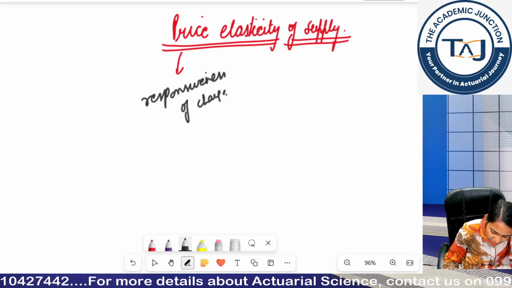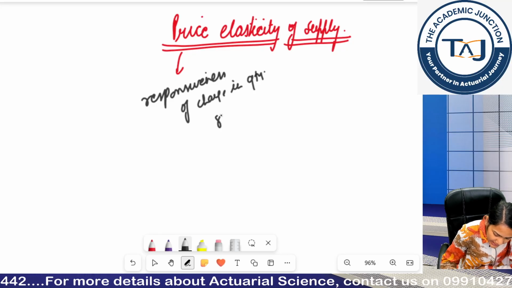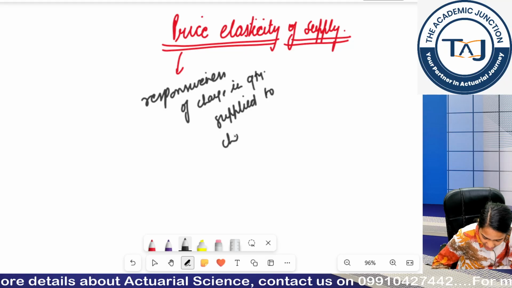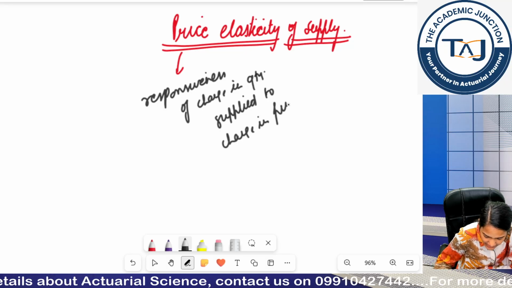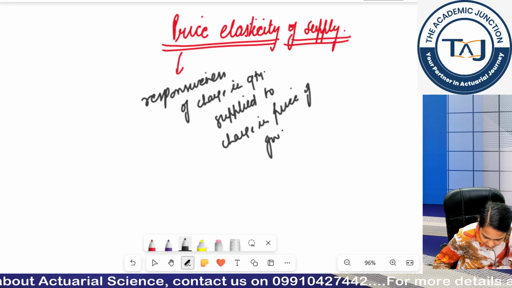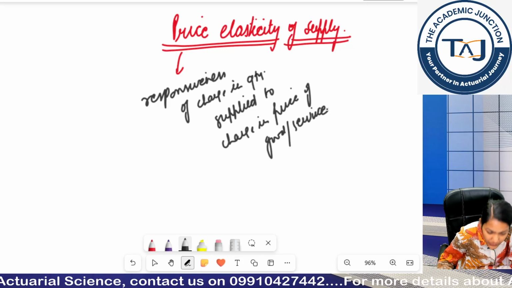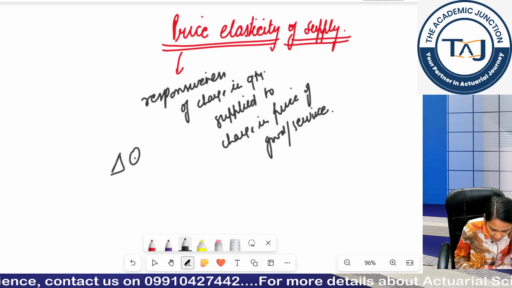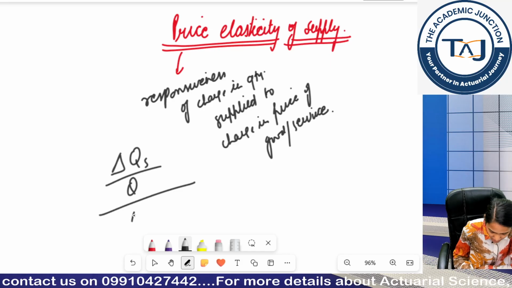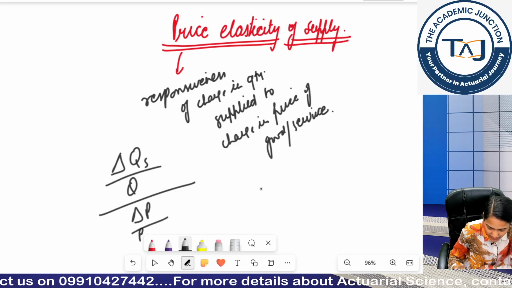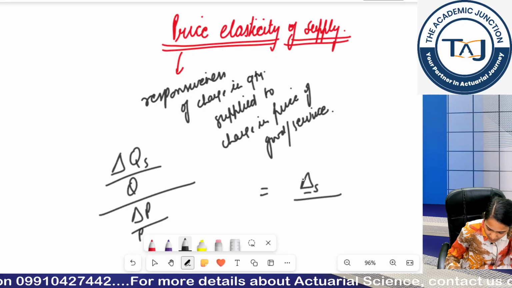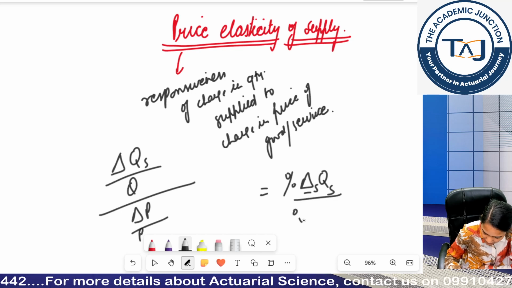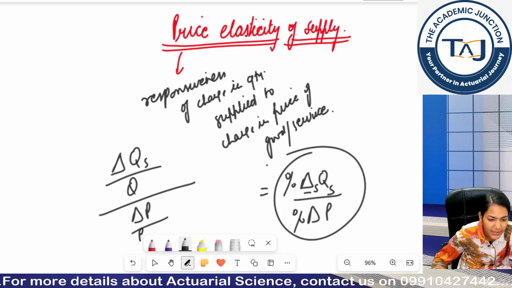Responsiveness of change in quantity supplied with respect to change in price. So what will my formula be? Change in quantity supplied by quantity, change in price by price, or I say percentage change in quantity supplied over percentage change in price. This is the basic formula.